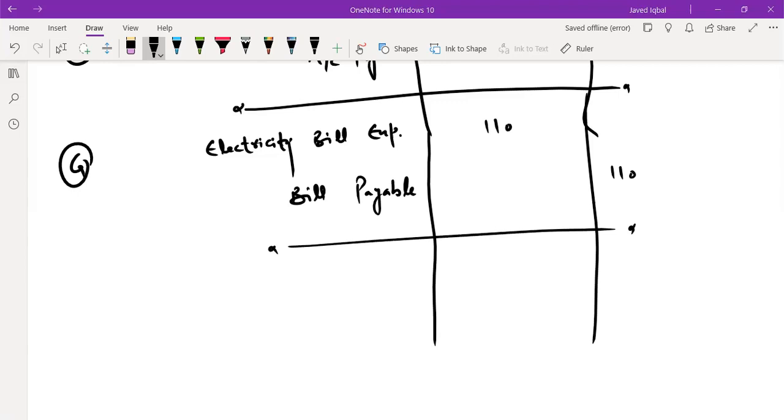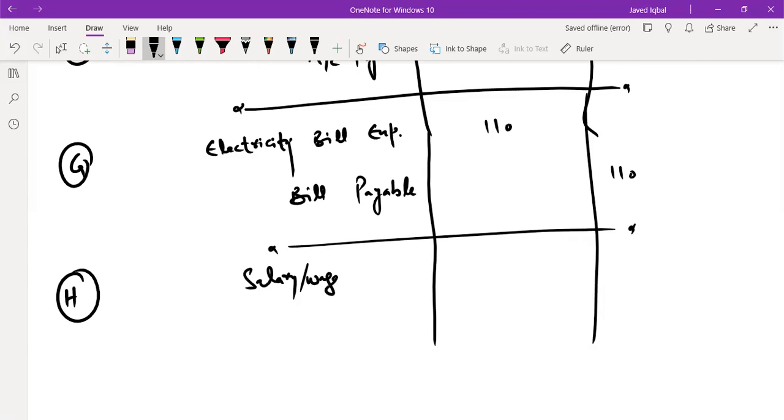Okay, moving to the next transaction. Paid the worker hired in D for 1 week's work, which was 275 per week. So now transaction H is about salary. So it is salary expense or whatever.